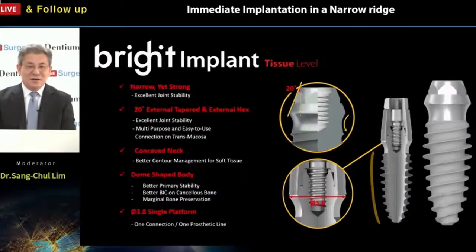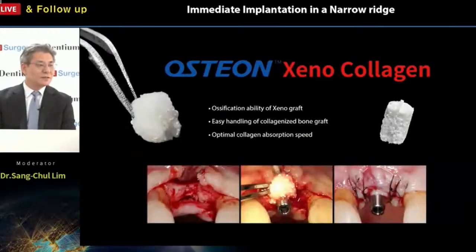The dome-shaped body engages the marrow space, not the cortical surfaces, and also extremely reduces the top portion of the ridge crest. The single platform is 3.8 millimeters in diameter.